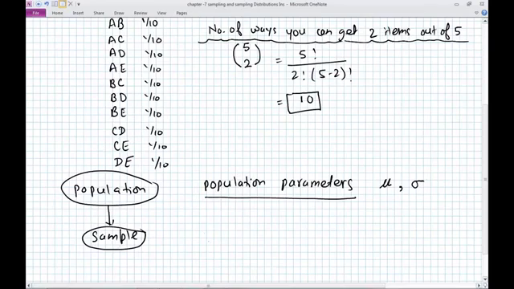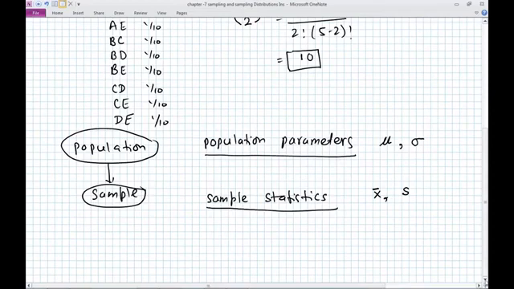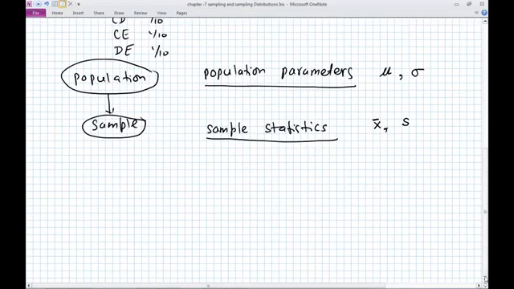Related to sample, we represent mean by x bar and standard deviation by small letter s. Although our aim is to get an idea about a population parameter like mu or sigma, we get that understanding only through a sample statistic like x bar or s.